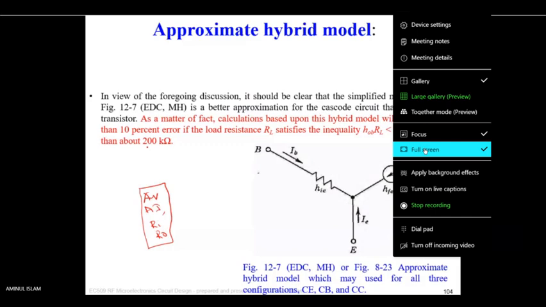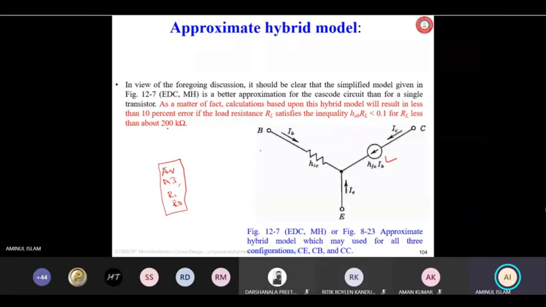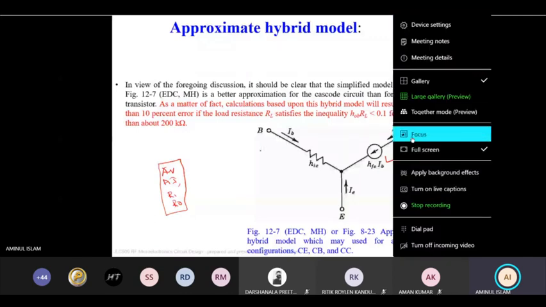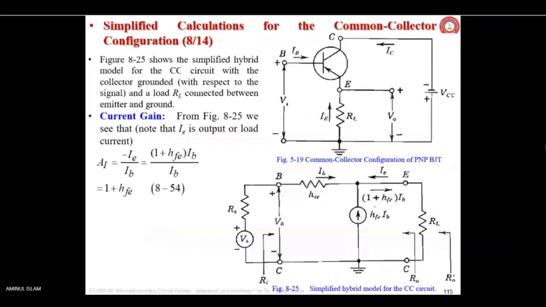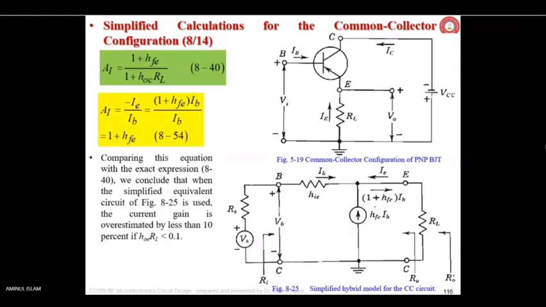So using this approximation model, the CC hybrid model shown here, we are going to calculate the various parameters or design metrics of the amplifier.